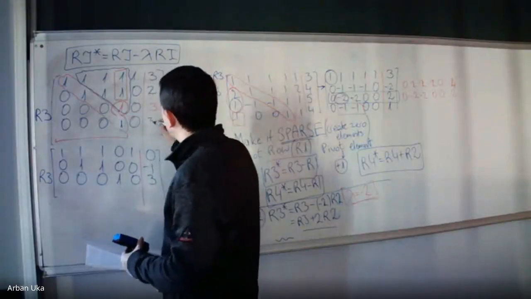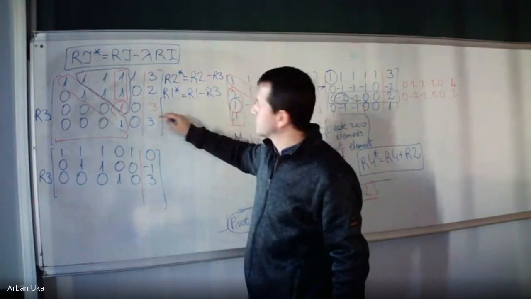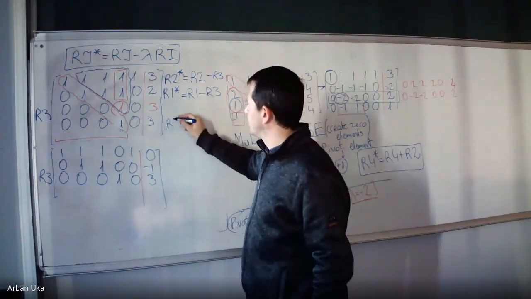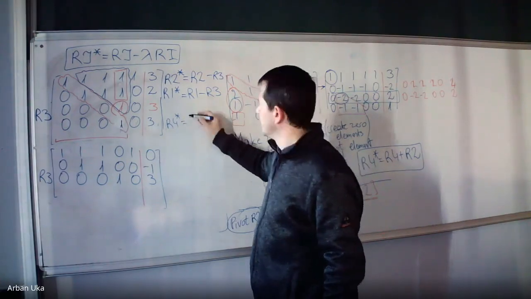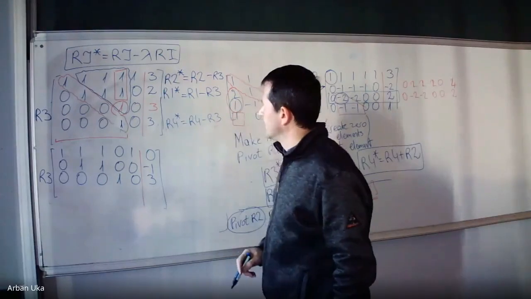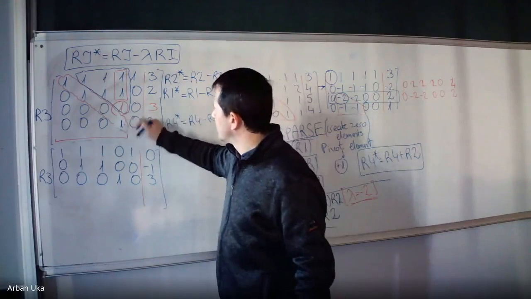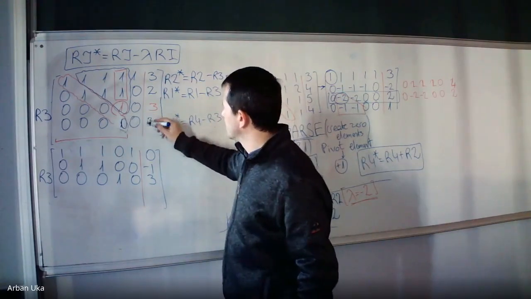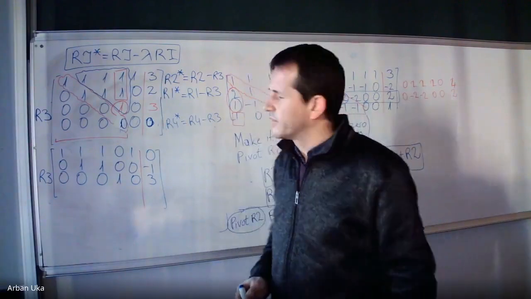Using row 3 as a pivot, we said that row 4 star, which means the new value of row 4, is equal to row 4 minus row 3. If we do this, what do we get? We get 1 minus 1, 0, right? 3 minus 3, 0.